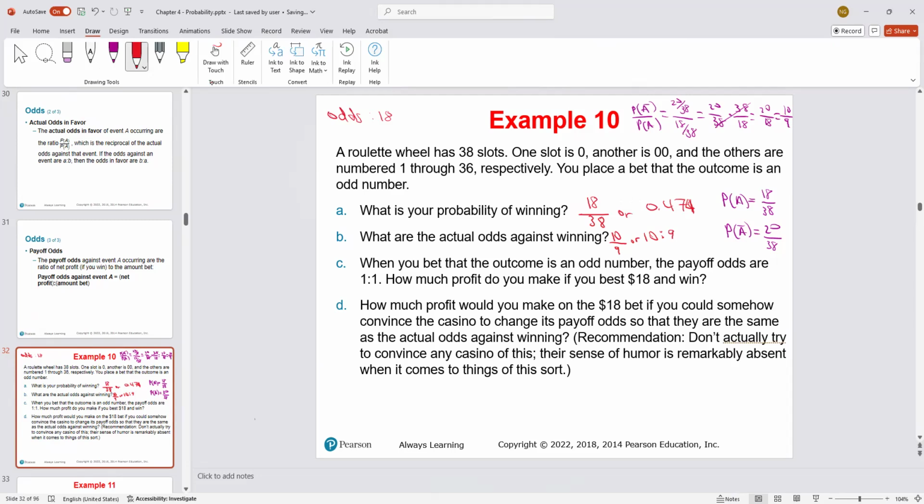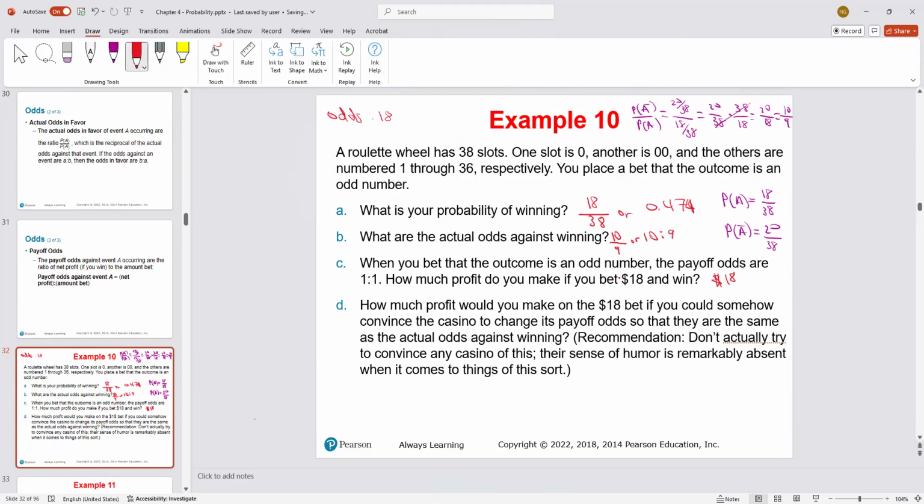Because how much profit do you make if you bet $18 and win? If you win, it's 1 to 1. If it's 1 to 1, then how much are you going to win? Only $18.